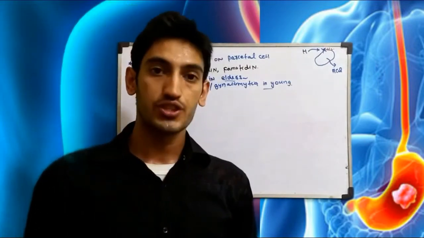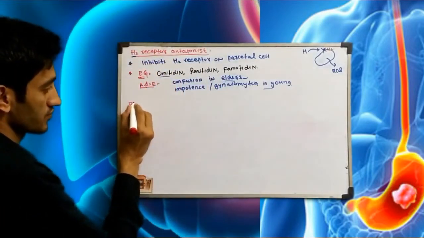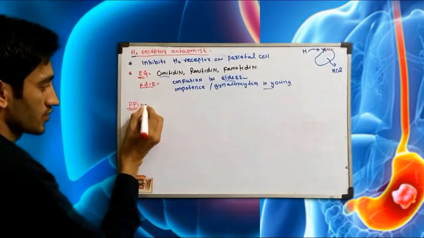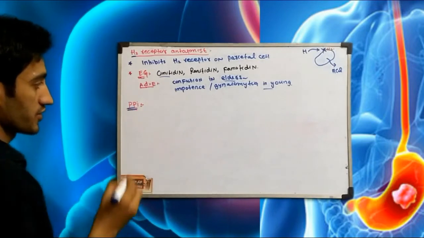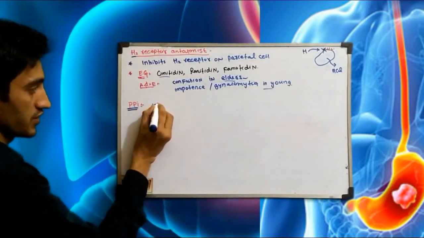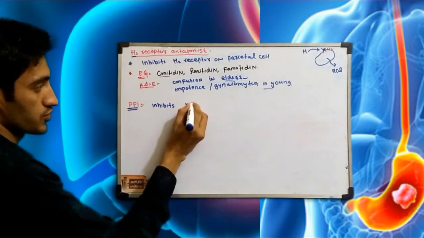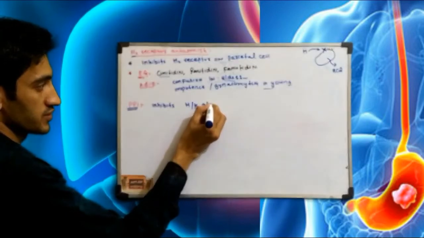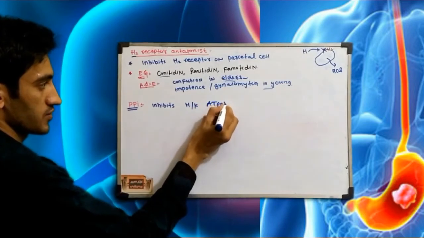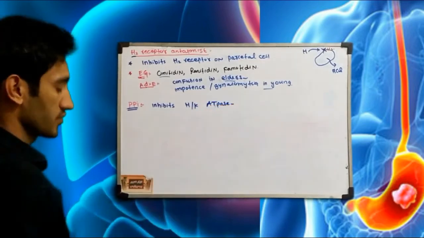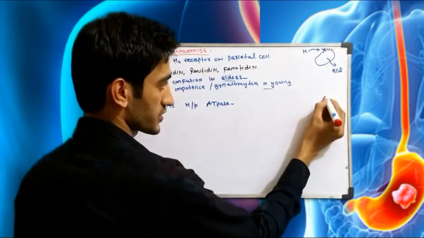Now we will talk about the proton pump inhibitor, another group. What is the mechanism? The mechanism of action: proton pump inhibitors inhibit the hydrogen potassium ATPase enzyme. Let's consider this is a cell.